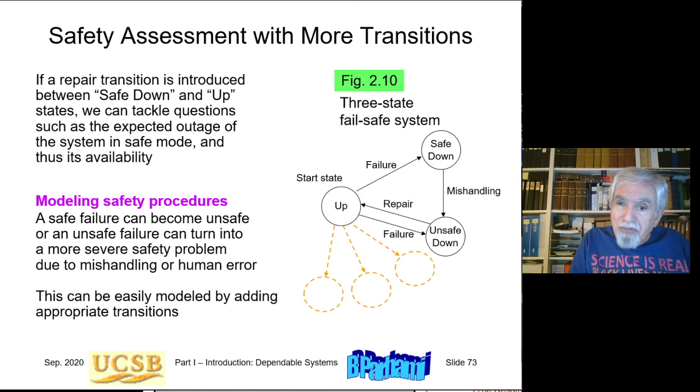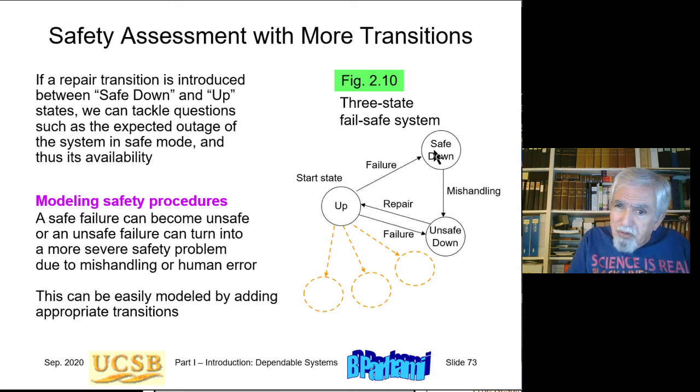Okay, so here is safety assessment with more transitions. Here I have an up state, and I have a safe down state. The system goes there and stays there. It's safe. If it goes to an unsafe state, I may try to repair it and take it back to the up state, or maybe push it into the safe state.